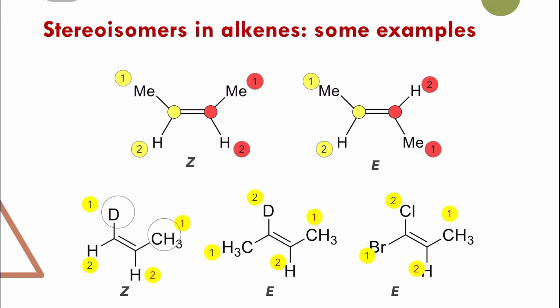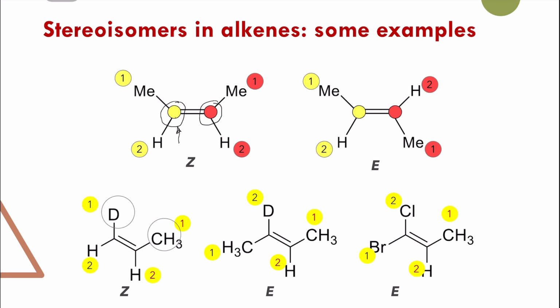And I hope I didn't confuse you with this double bond and multiple bond rule. So let's have an example. If we have this first alkene here, I have two carbons. One is labeled yellow and the other one is labeled red. I start looking at the yellow first, the substituents that are attached to the double bond.